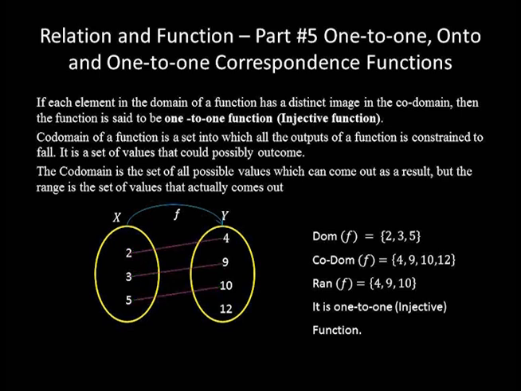Functions are not always expressed in the form of diagram. Rather, we can express them by using equations, sets of ordered pairs, graphs, word problems, and so on. But the most commonly used ones are equations. We have one important definition that helps us to check whether a given function is one-to-one or not.